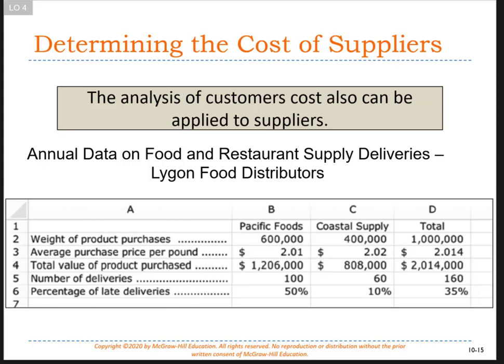That means that they don't have an incentive to order small amounts and have lots of deliveries, because then they're not minimizing the cost of delivery. Or we need to be more efficient in how we deliver or something of that nature.